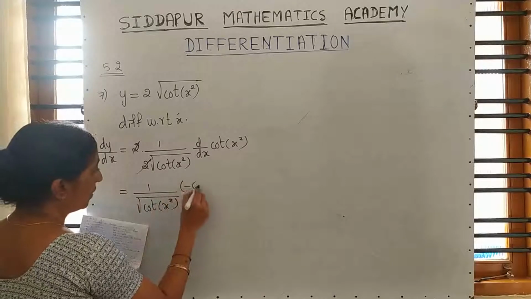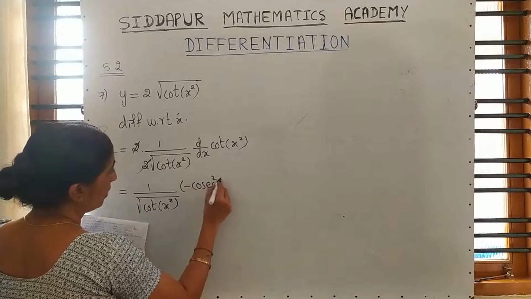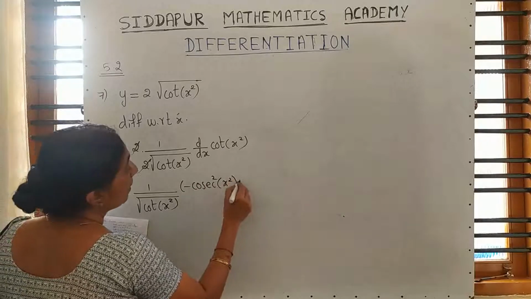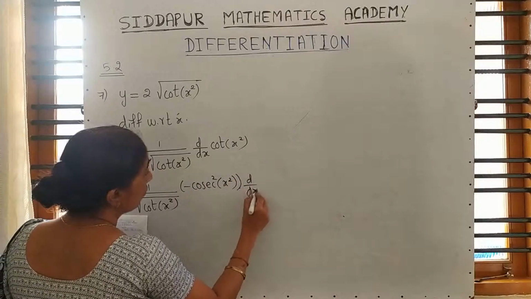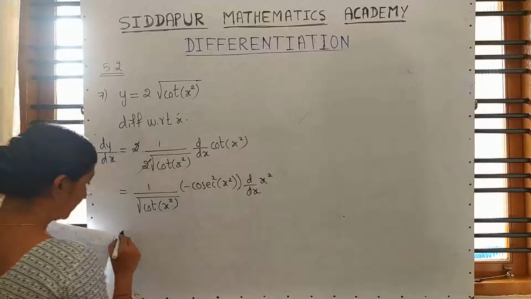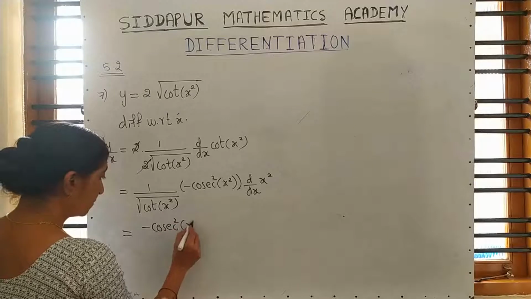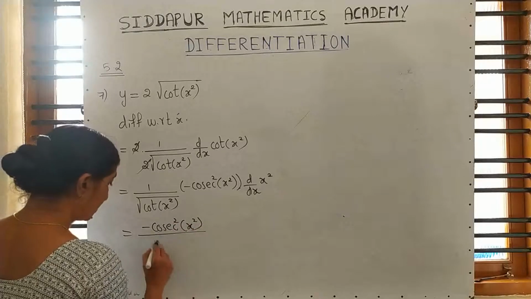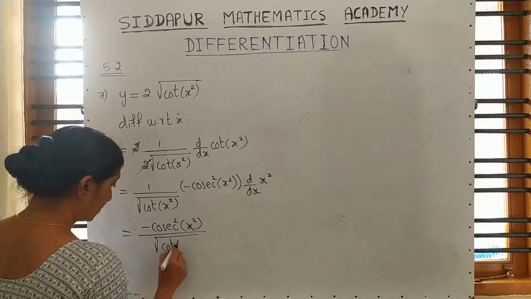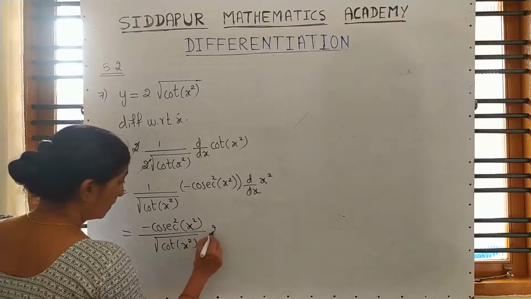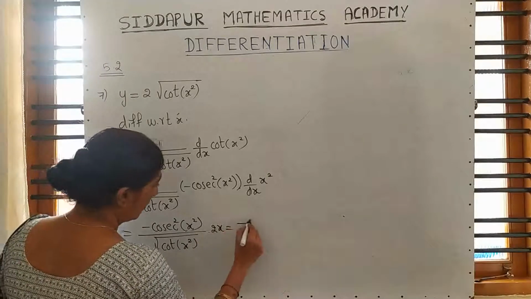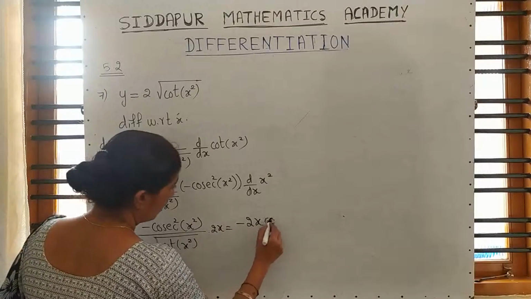Differentiation of cot is minus cosecant square x square into differentiation of x square. That is 2x. Finally, we got minus 2x.